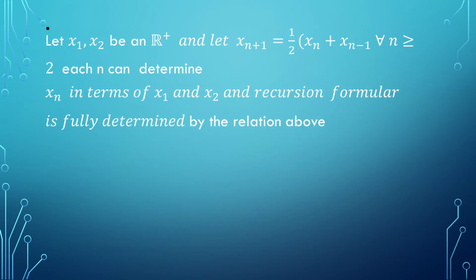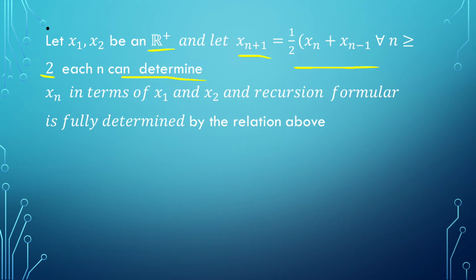In this case, let x1, x2 be positive real numbers, so that the x(n+1) term will be given by this. Remember, this is for n greater than 2, and in this case you'll find that each term can be fully determined.